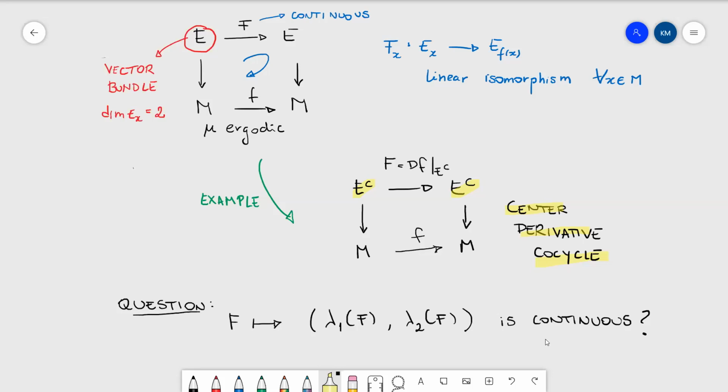Giving an answer to this question will not directly solve the problem of the center Lyapunov exponent, but it can provide tools and give evidence of what happens and what we can expect for the center derivative cocycle. So my objective is to understand this question to find things that give me some ideas of what to do in the case of the center derivative cocycle.